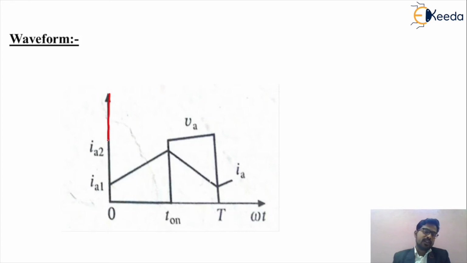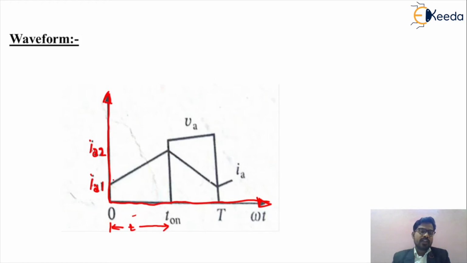Friends, again this will be the waveform. We can understand the operation by means of the different periods that we had already discussed earlier. This is the value of current from IA1 to IA2 for your dynamic braking. This is the period 0 to t on.